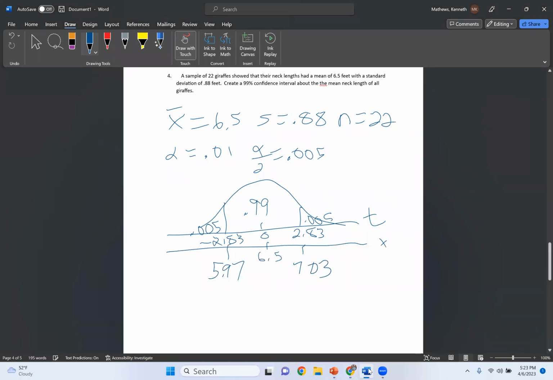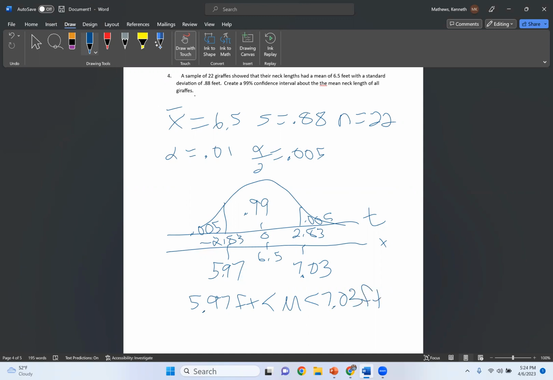And we see that 6.5 is right in between. So we say that 5.97 feet is less than the mean neck length, which is less than 7.03 feet. And that makes perfect sense.